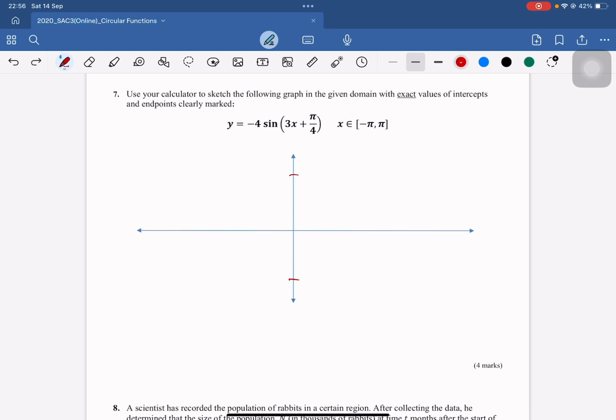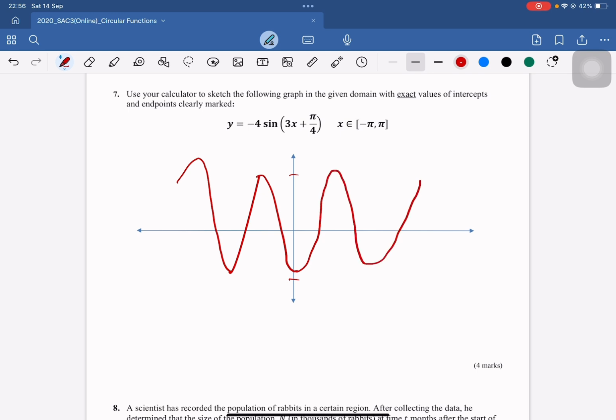Having a hard time sketching this graph. Boom. So it's going to look a little bit like this. Closed circles.